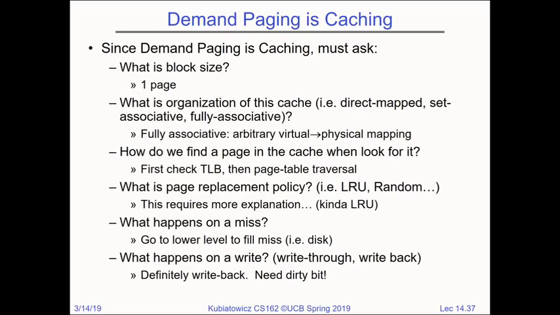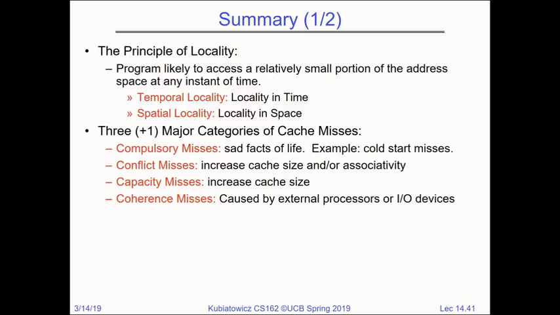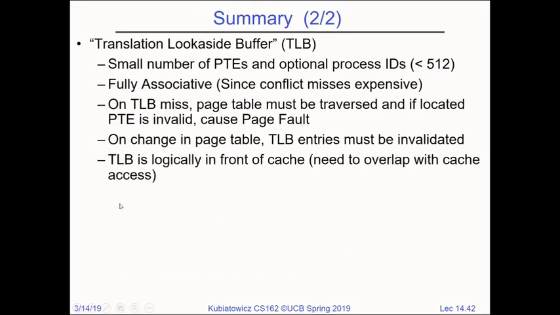All right. So in conclusion, we remembered last time the principle of locality. We've been using a lot today. We reminded you of compulsory, conflict, capacity, and coherence misses. We talked about a bunch of cache organizations. This summary page is 61C. Make sure that this makes a lot of sense to you. That's review. We talked a lot today about the TLB, where a small number of page table entries and optional process IDs are stored.